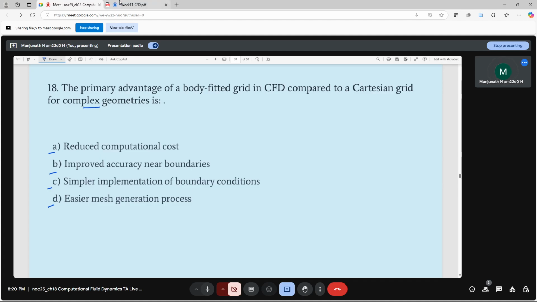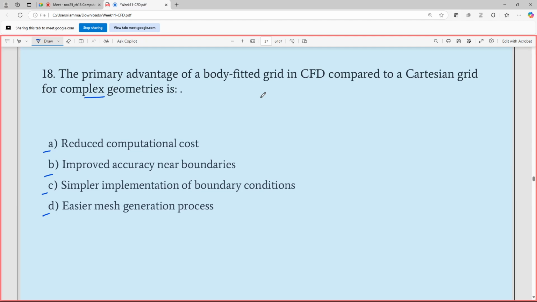Try to answer the question. You can inbox the answers.